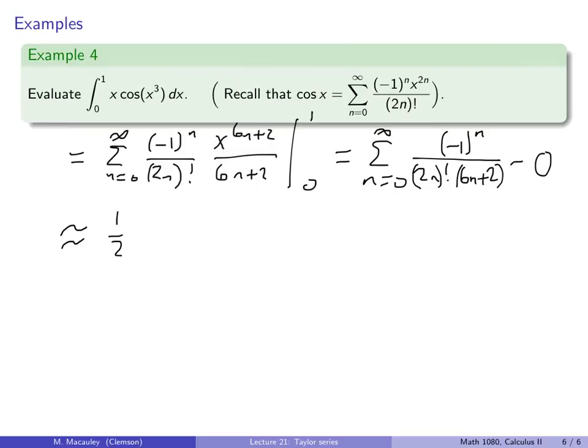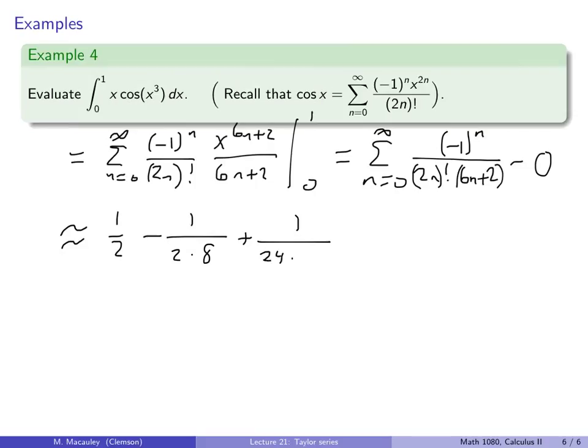The n equals 1 term, so there's a negative sign, and then on the bottom we have a 2 here, and we have an 8 here. So we have a 2 times an 8. The n equals 2 term, we have positive 1. On the bottom we have 4 factorial, that's 24.